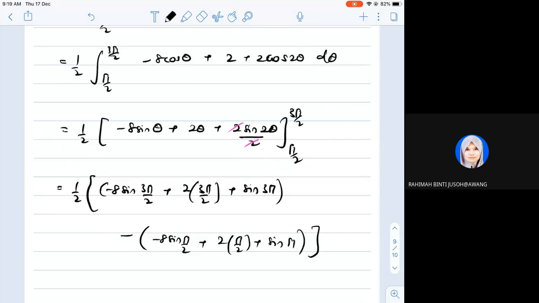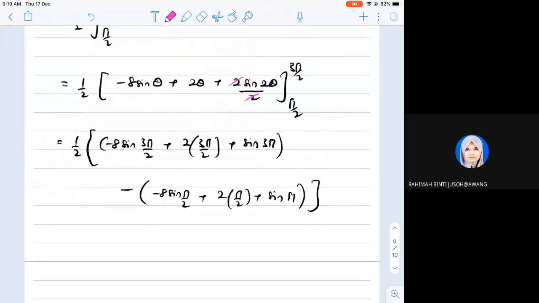Close the bracket. Okay, so sine 3 pi/2 is negative 1. This one can be cancelled. Sine 3 pi is 0. Sine pi/2 is 1. This one can cancel. Sine pi is 0.